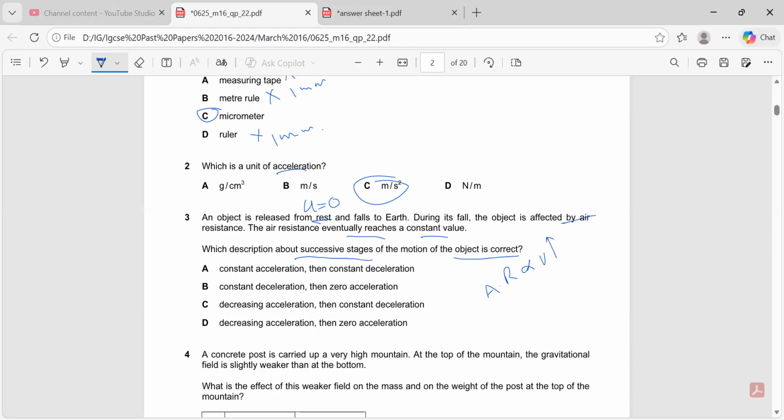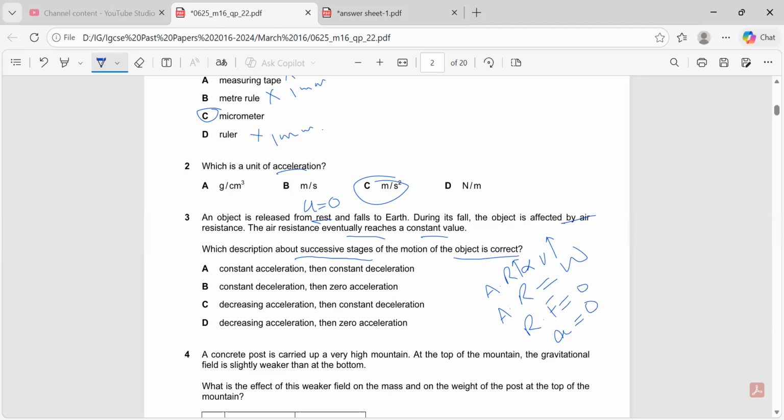So as the speed is increasing, air resistance is also increasing. And then ultimately, air resistance will be balanced to weight. So then resultant force will become 0. It means acceleration of the body will become 0 and it will fall with constant velocity.